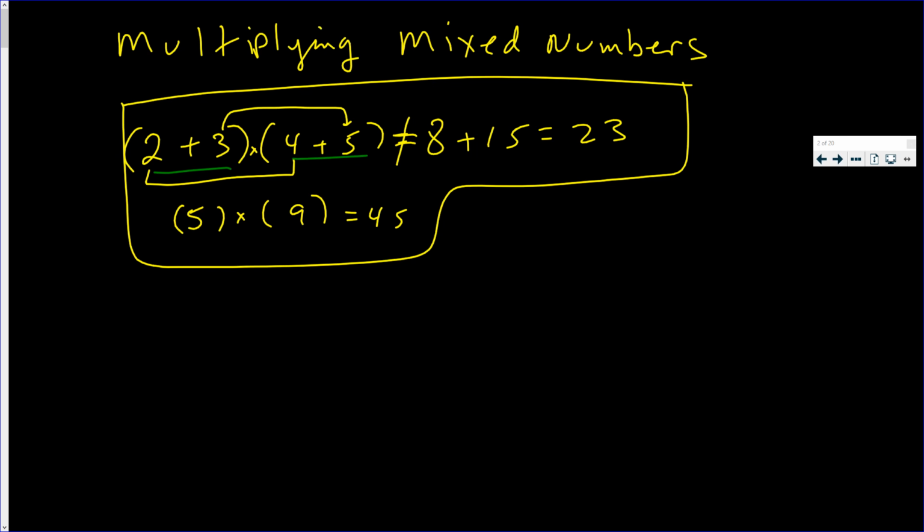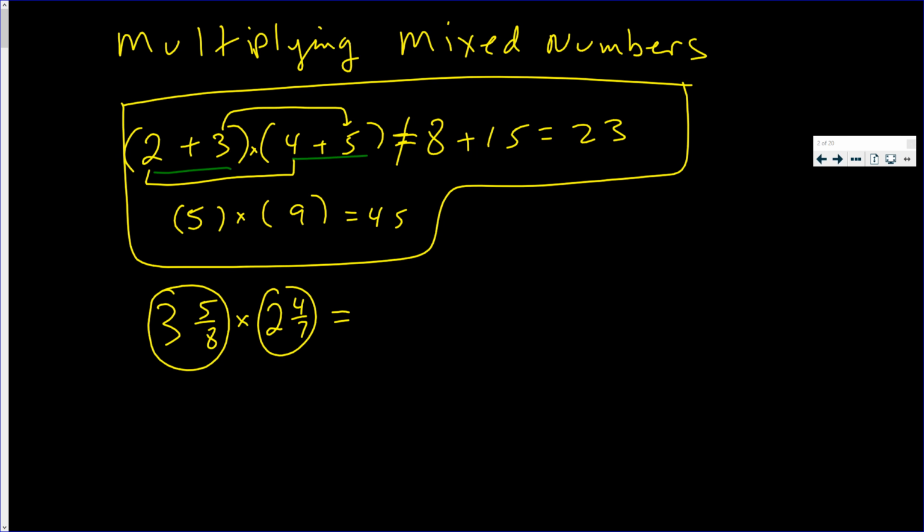So let us do that problem. If you have 3 and 5/8, and you want to multiply this by 2 and 4/7, the way to do this is to write each as an improper fraction.